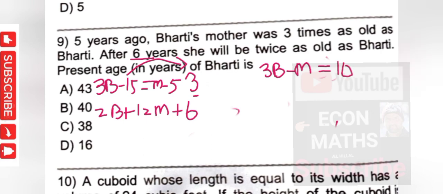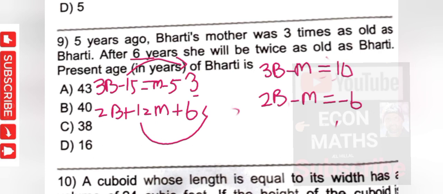This is one equation. Second equation, 2b minus m is equal to, transposing this 12 on this side, 6 minus 12, that is minus 6.